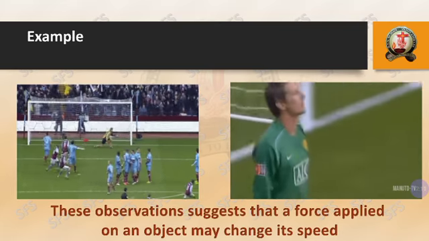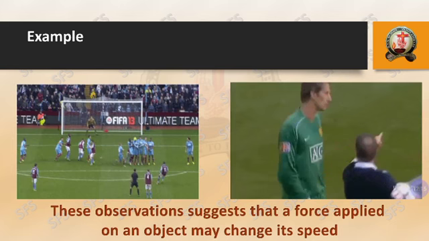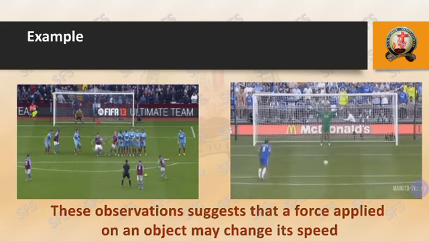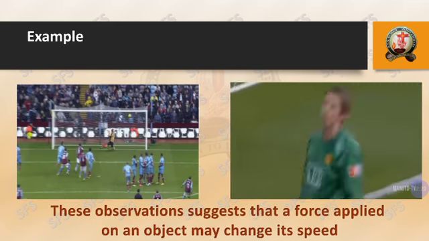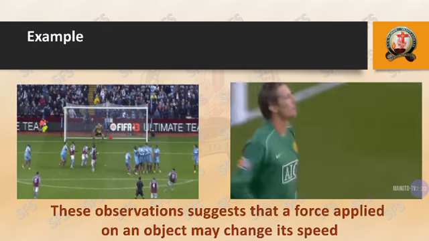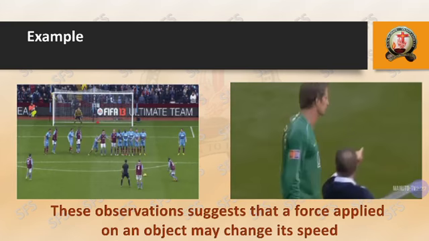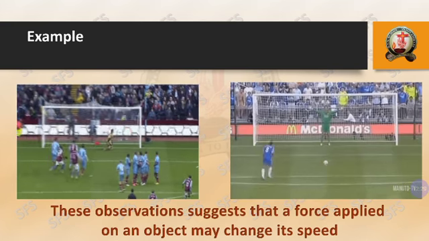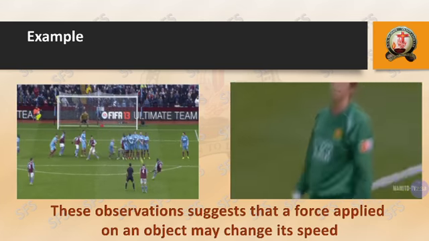These observations suggest that a force applied on an object may change its speed. What do you infer from this example? If the ball keeps on moving in the same direction in which the force is being applied, there will be no change in speed; it will keep on moving.